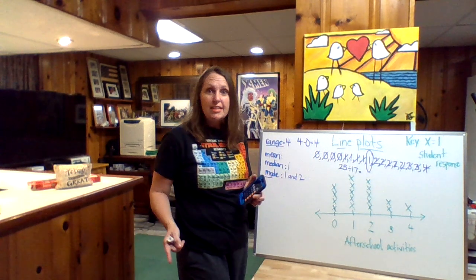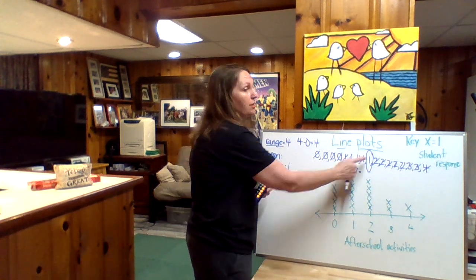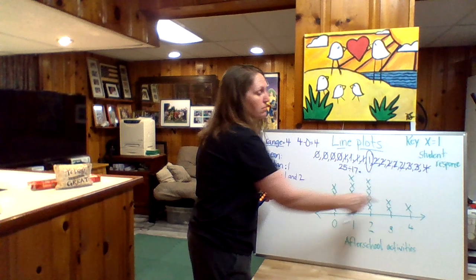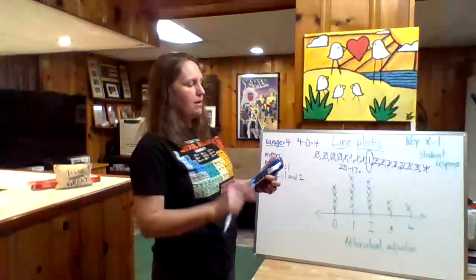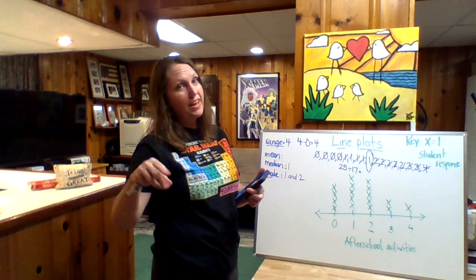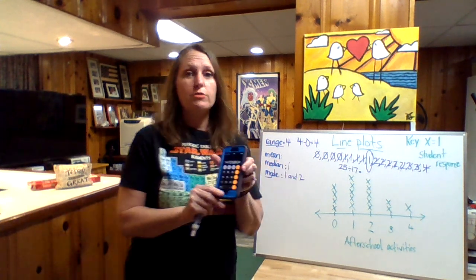Why 17? Because remember there's 17 numbers here altogether. If you count up all these, there are 17 x's. So 25 divided by 17, I already have an idea it's going to be just 1 and some leftovers. And that's what I got. 1 and a big old remainder, or should we say a really small remainder.